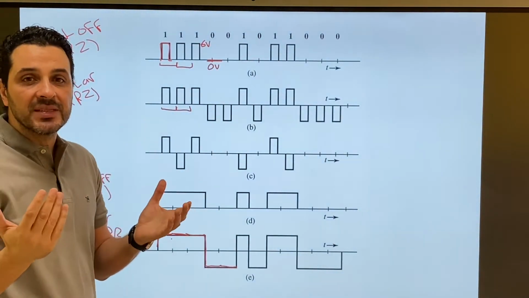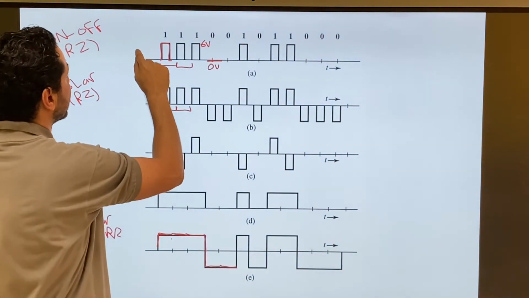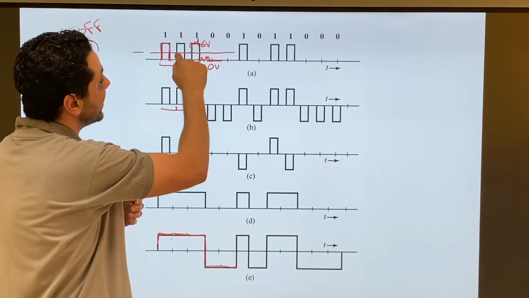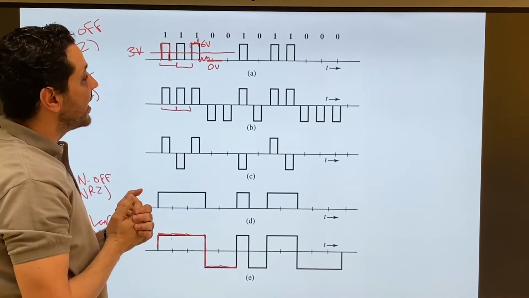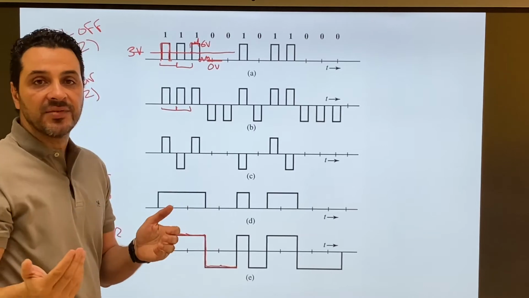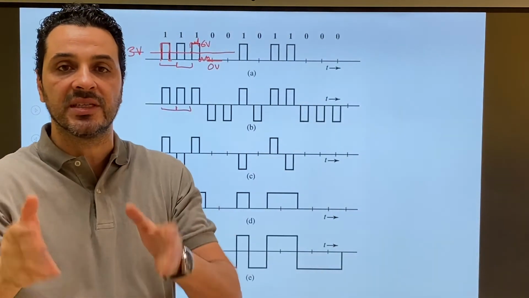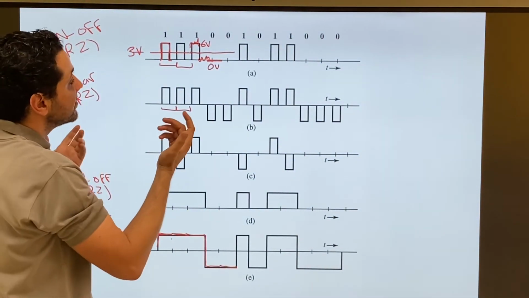So the receiver basically will use these 6 volts, and it will put a threshold. So if the receiver receives something above 3 volt, above the threshold, then it will classify it as binary 1. If the receiver receives something below 3 volt, it will classify it to be binary 0. So here the noise immunity is 3 volt.